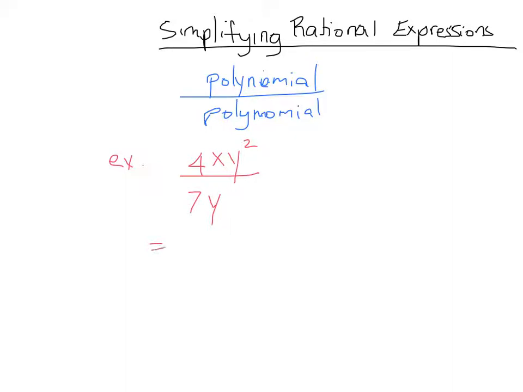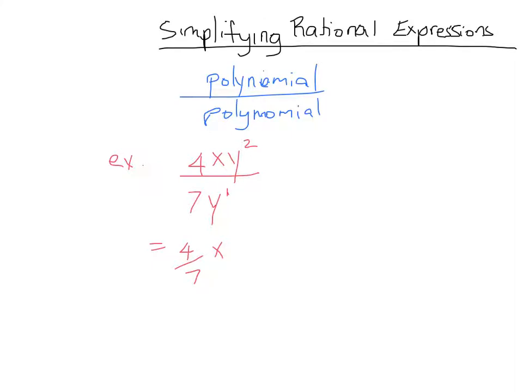So we would want to divide, in this case, the numbers by the numbers. So we have 4 over 7. The x's by the x's, but we only have an x on top, so it actually just stays x. And the y's by the y's. So in this case, we have y squared on top and we have y to the first on the bottom.